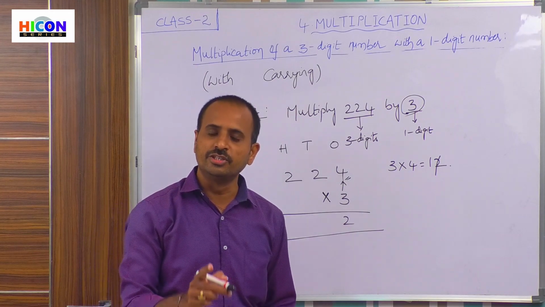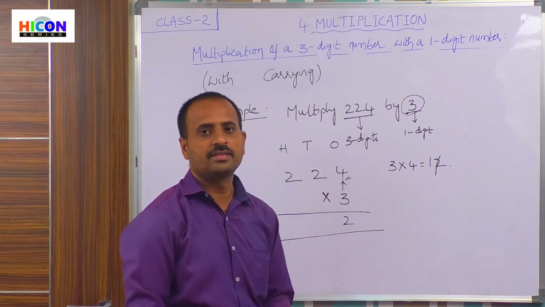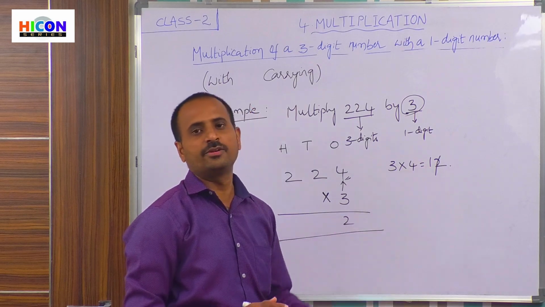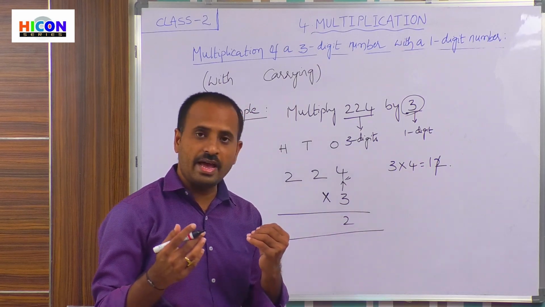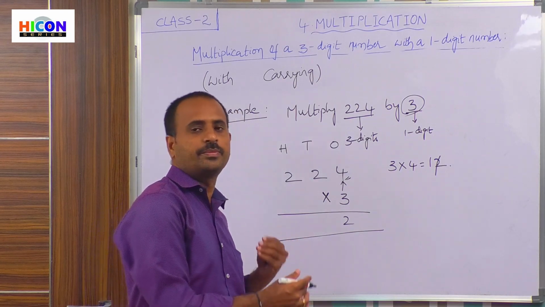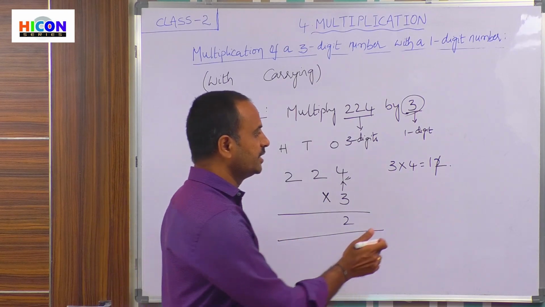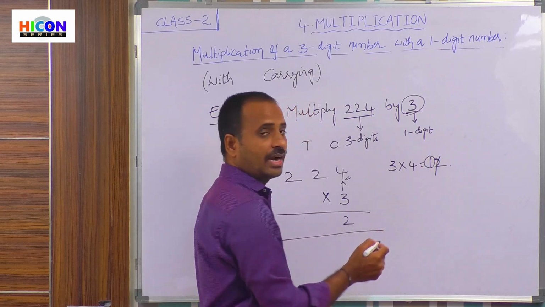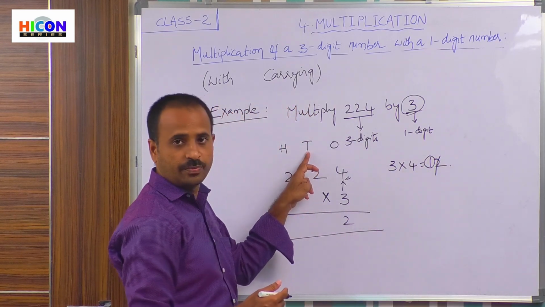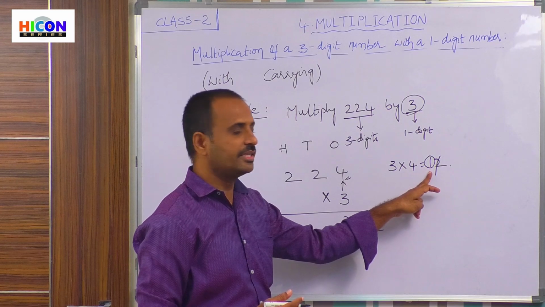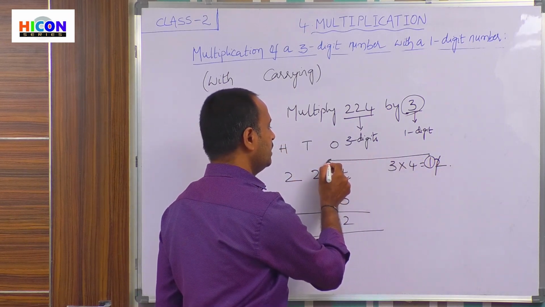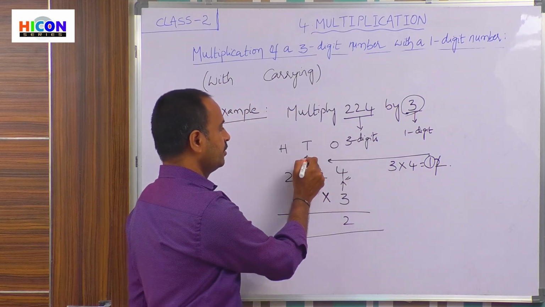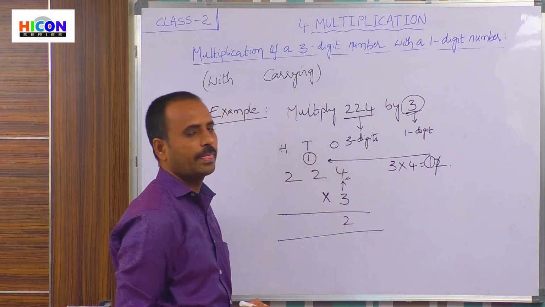The first digit remains. What do we have to do with the first digit? We have to carry the first digit to the next place. What is the first digit here? 1. And what is the next place? Tens place. So carry the first digit 1 to the tens place.